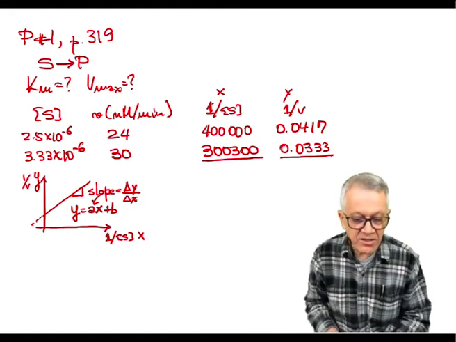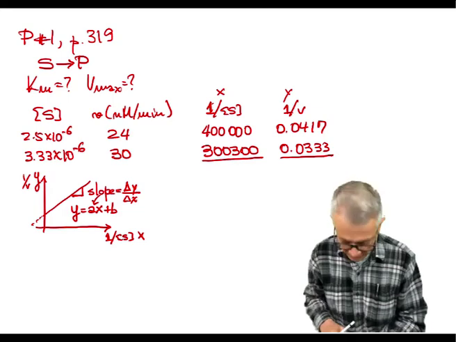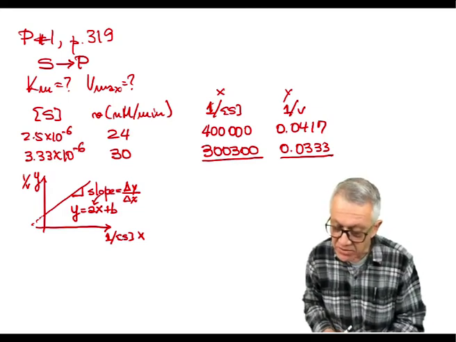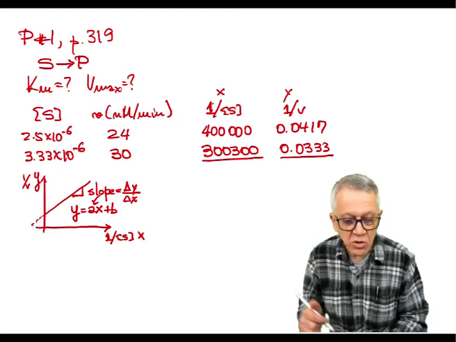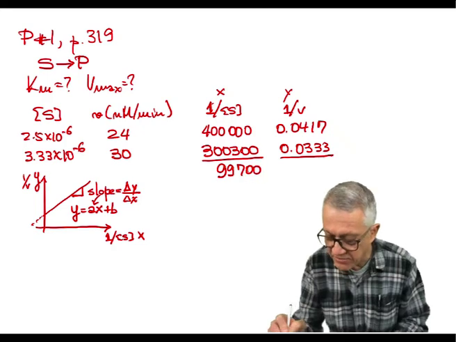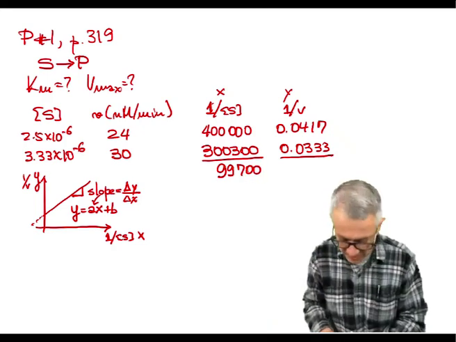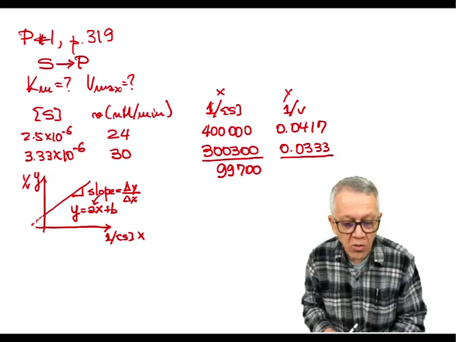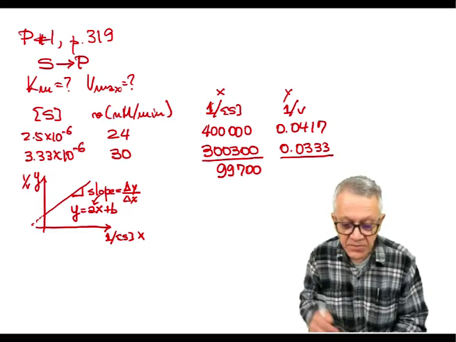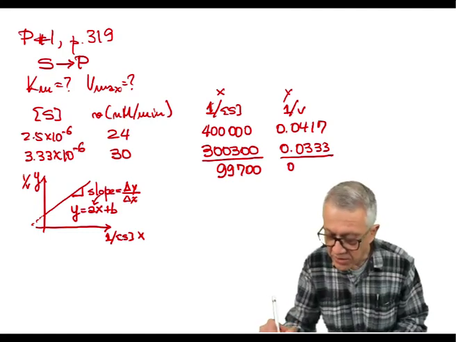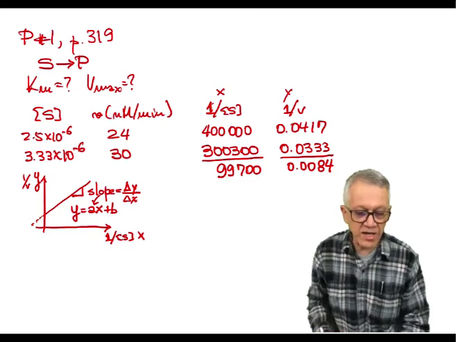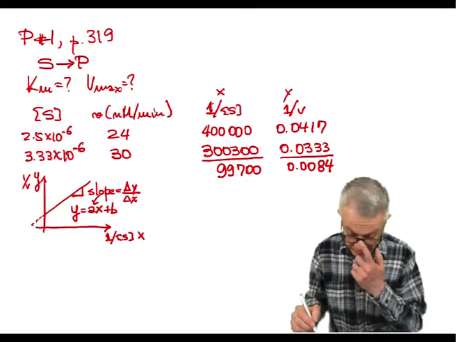So let's calculate the difference in here. 400,000 minus 300,000 gives us 100,000 for this one, and 0.0417 minus 0.0333 gives us 0.0084. Okay, so we have our delta y and our delta x.